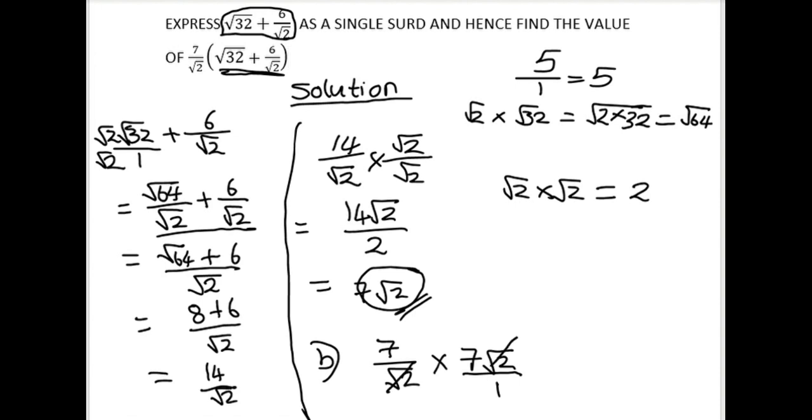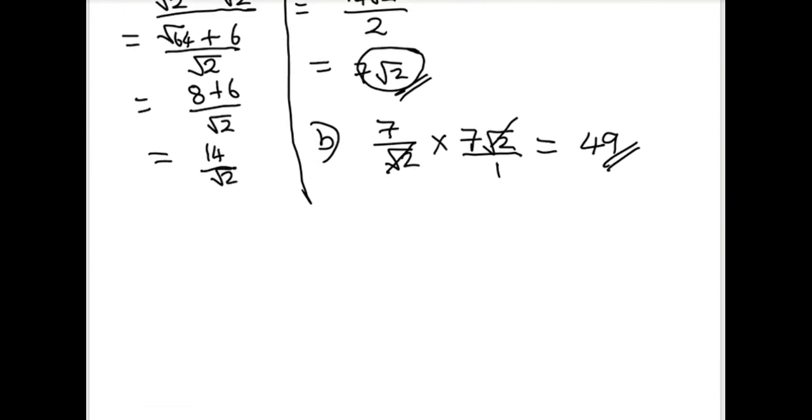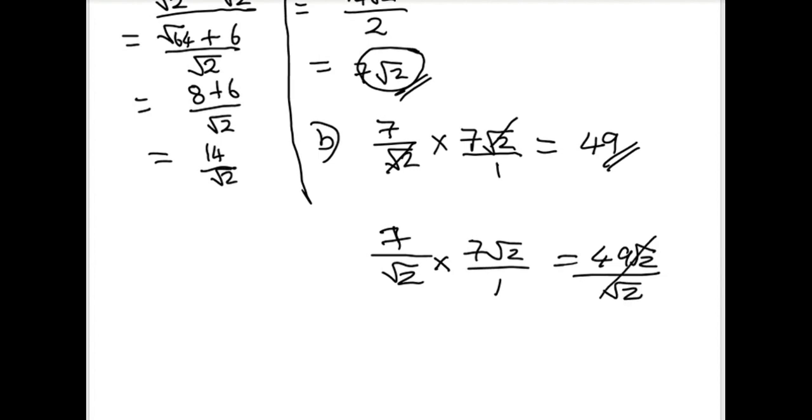So we are left with 7 times 7, which is 49. To explain it in more detail, when I have 7 all over root 2 times 7 root 2 all over 1, 7 times 7 is 49, with this root 2 at the back all over root 2. That's why I cancel them out and I'm left with 49. So the final answer is 49.